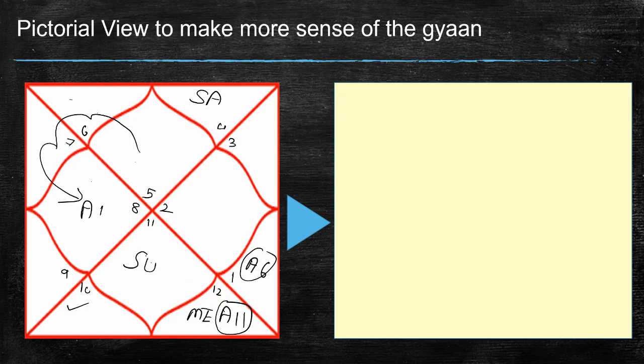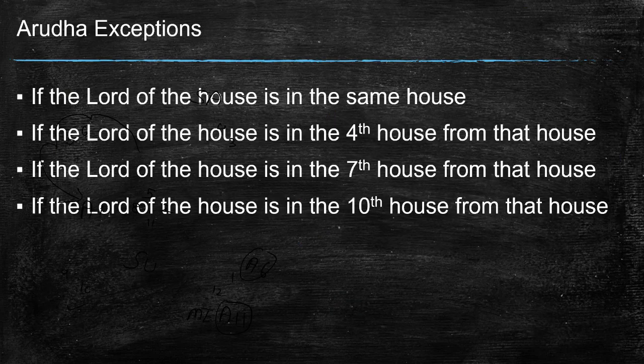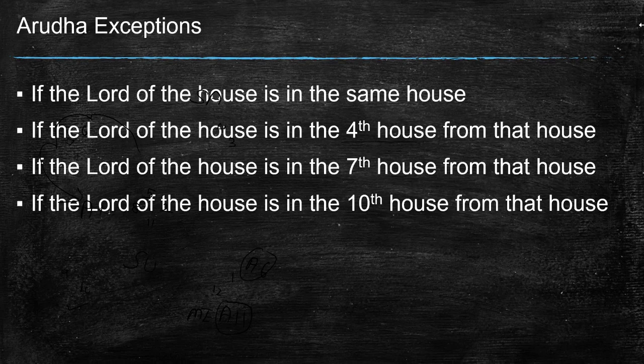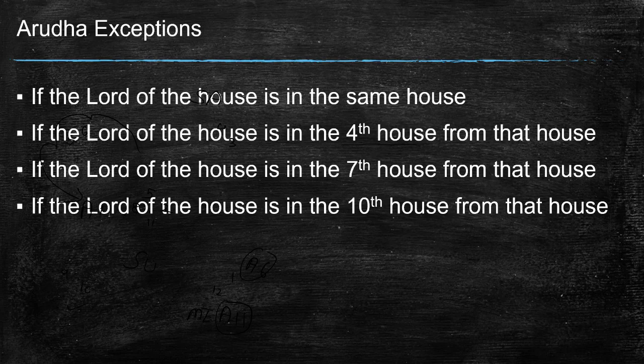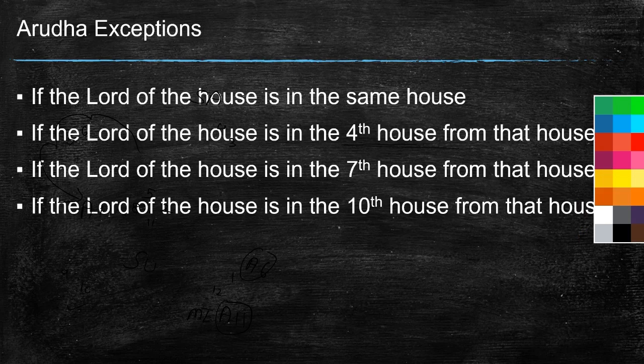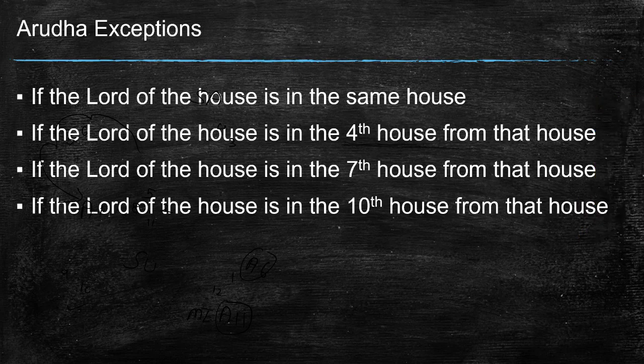Now if I go back to these rules, you will be able to make better sense of it. So if the Lord of the house is in the same house, in the 4th house from that house, the 7th house from that house, or the 10th house from that house, these are the exceptions that you need to remember.